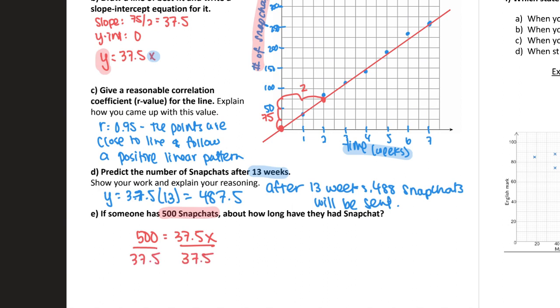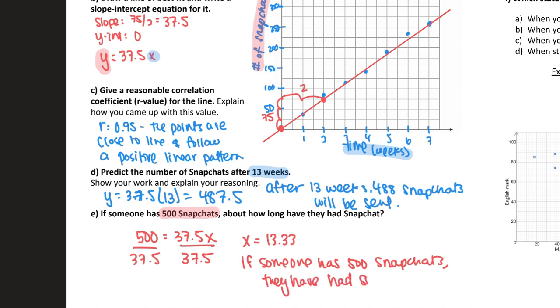So x is going to be 13.33. So if someone has 500 Snapchats, they have had Snapchat for 13.3 weeks.